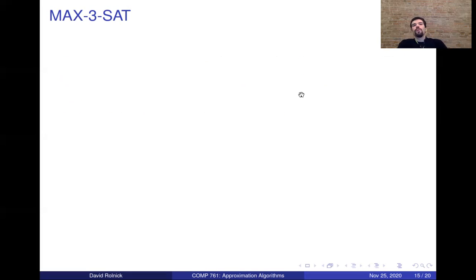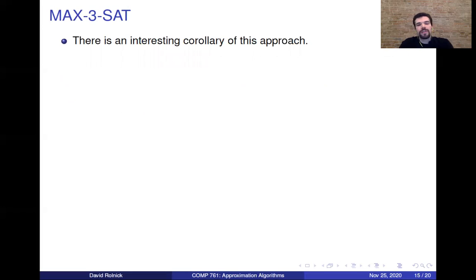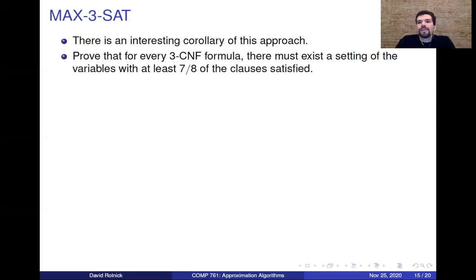And now here's a nuance. There's an interesting corollary of this approach, which is that there has to be a setting of the variables with at least 7/8 of the clauses satisfied. So what we showed was that the expected number of clauses that we satisfy with a random algorithm was 7/8 of the clauses.